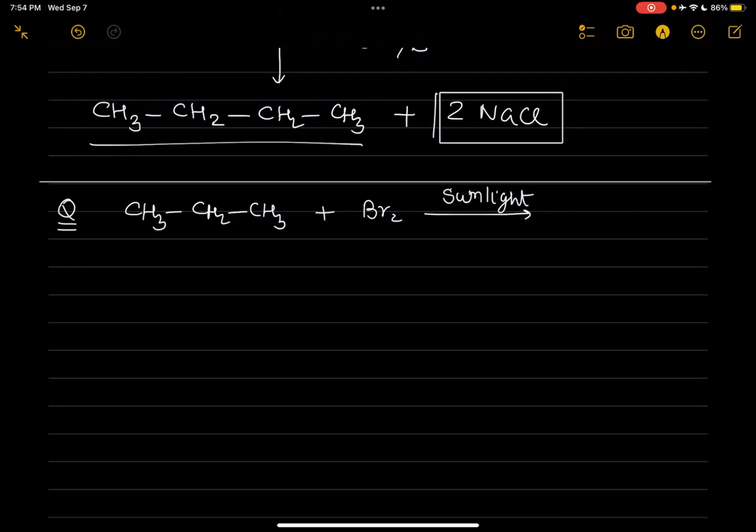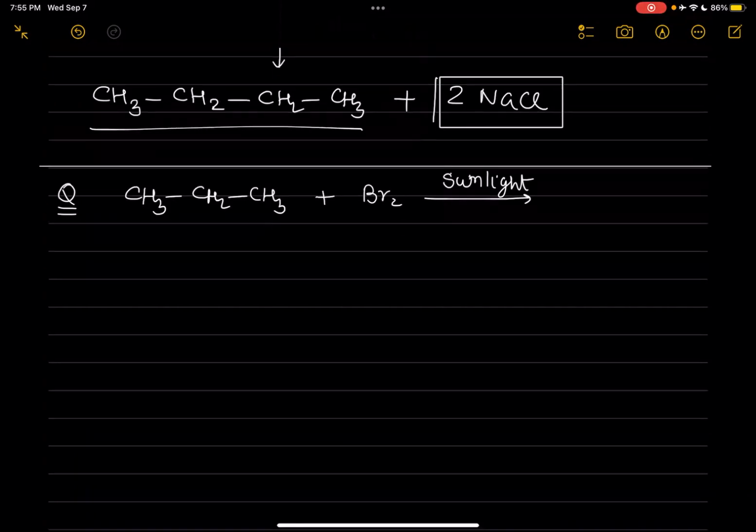Ryan, what's going to be the answer to this? I will give you a hint. Bromination is very selective. Zain, just try it. Yeah, this is free radical halogenation. But where do I need to put the Br?